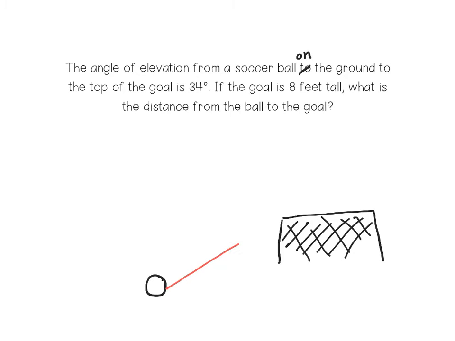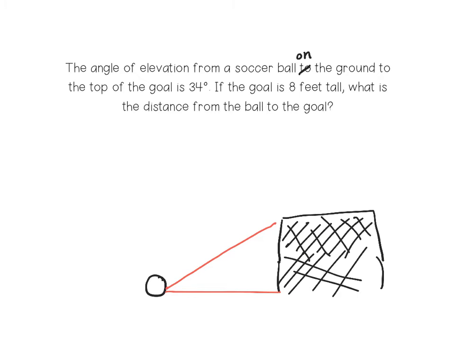So the angle of elevation, here's the ground. Make that goal a little taller. Is 34 degrees. And the goal is 8 feet tall. What is the distance from the ball to the goal?